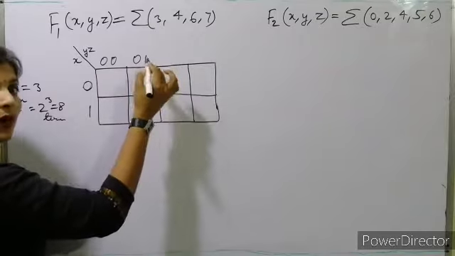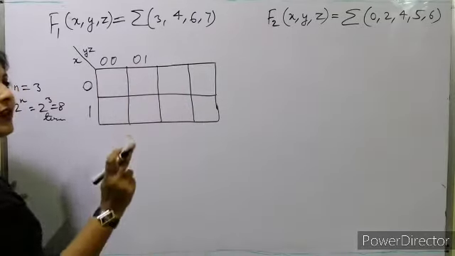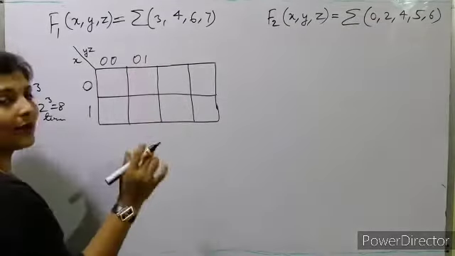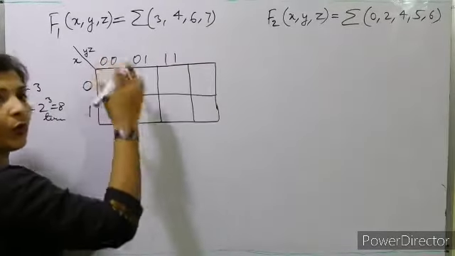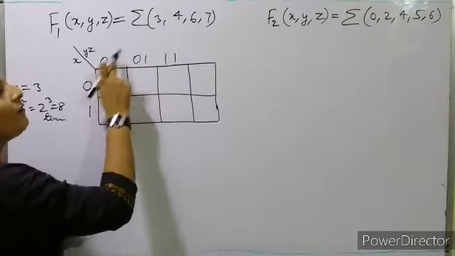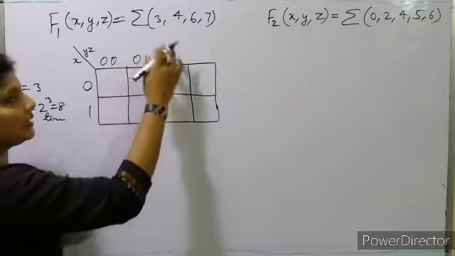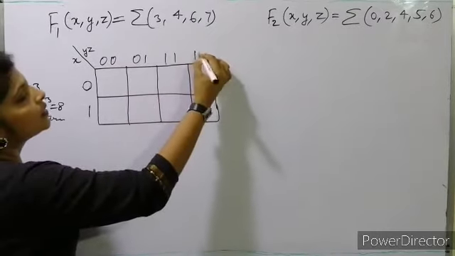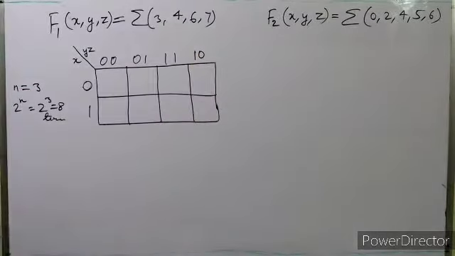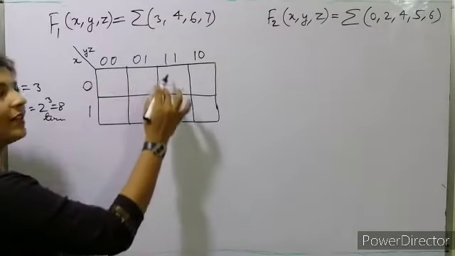What will we write here? 1 1. Yes, we won't write 1 0. Why? Because we convert it into Gray code. Only one digit will be changed in the next one. So it's like 0 0, 0 1, 1 1, 1 0.